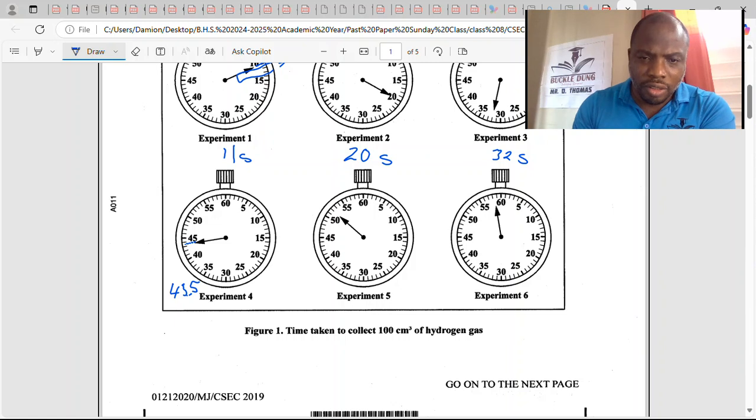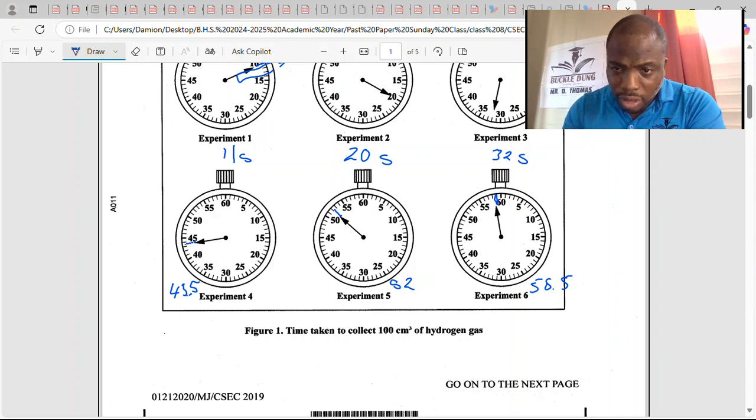This one? That will be 52. 52. This one? I think that'll be 58. 58, so either 58.5. It looks like it's going in the center to me.